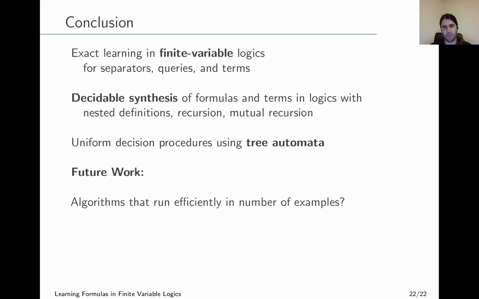I mentioned we have a lower bound, which says at least the first order versions of the problems are EXPTIME-complete, they're EXPTIME-hard. But the lower bound doesn't rule out a more fine-grained analysis where maybe there are algorithms that are efficient in the number of structures, but maybe inefficient in the sizes and the number of variables.